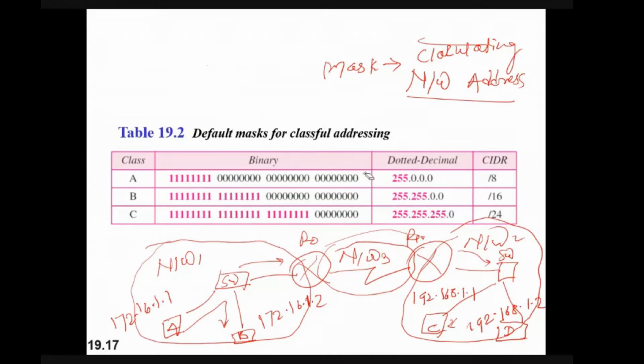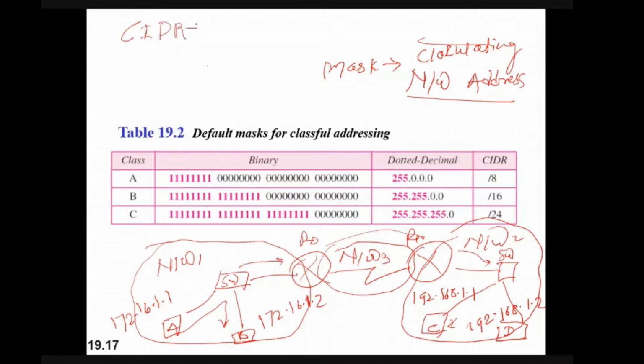Now for class A, class B, and class C, there are default masks. These default masks are given as 255.0.0.0, 255.255.0.0, and 255.255.255.0, where 255 means all ones in that decimal. And these are represented in CIDR notation.